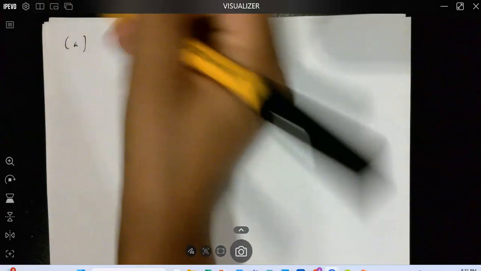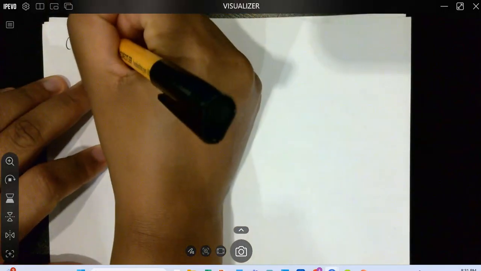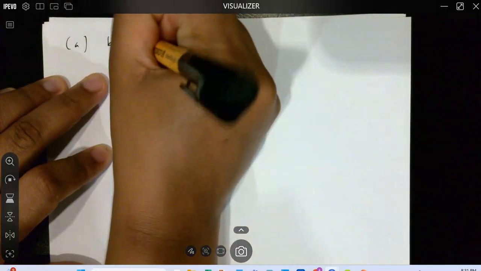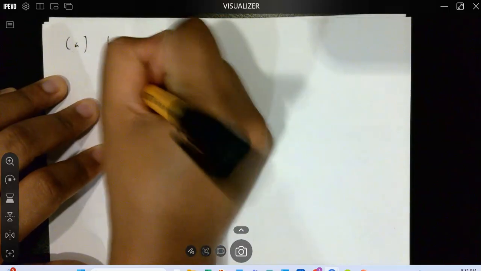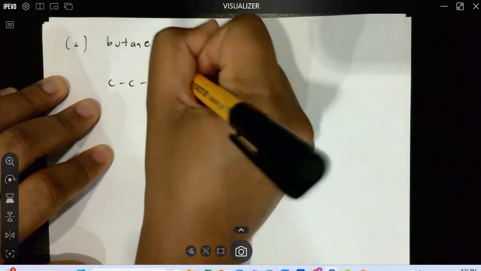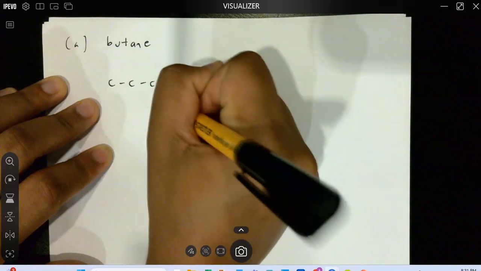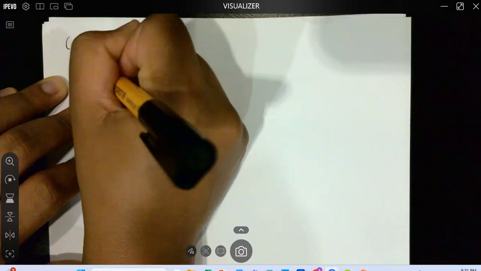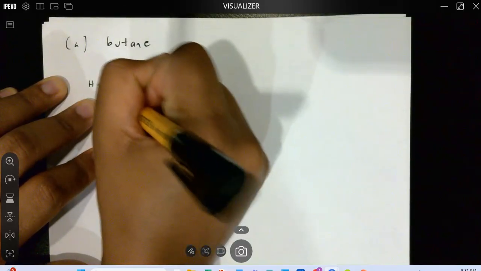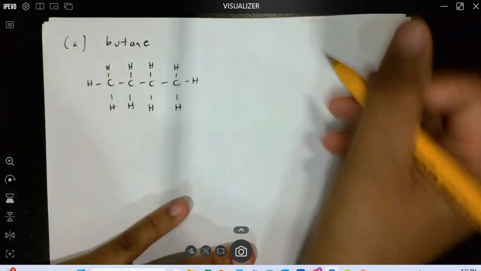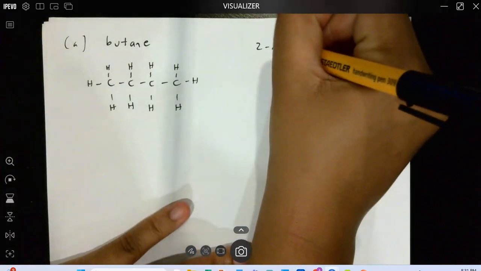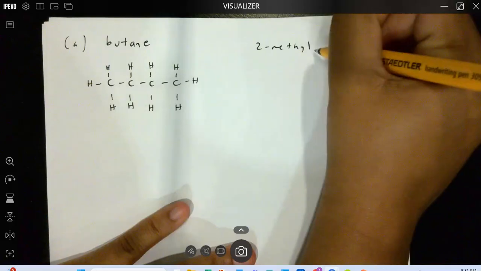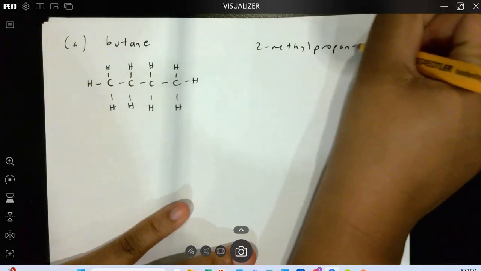So the first example was to draw an isomer of butane. Just for ease, I'm going to draw butane in. And then I'm now going to show you what the isomer looks like. Remember we said the name was 2-methylpropane.